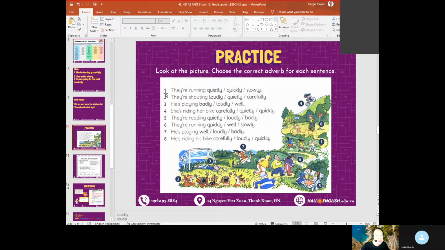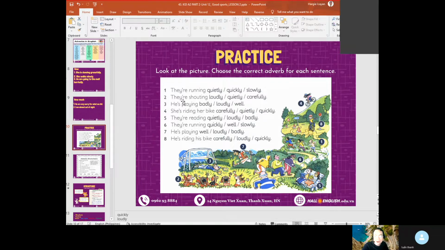Look at this one. So there, they are running. Is it quietly, quickly, or slowly? Picture number one. They're running quickly. Yes, it's quickly. Very good.